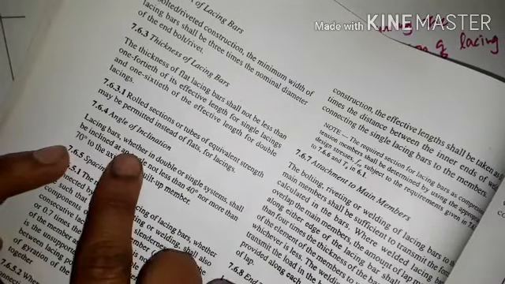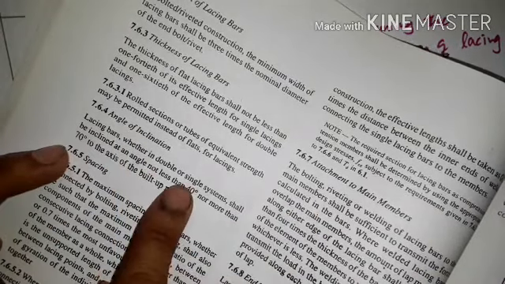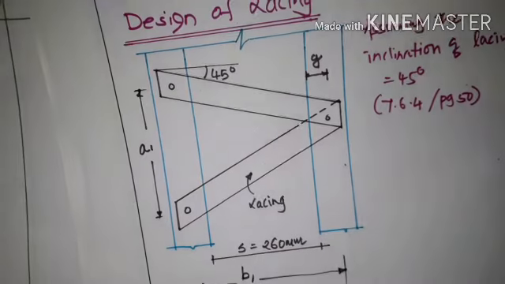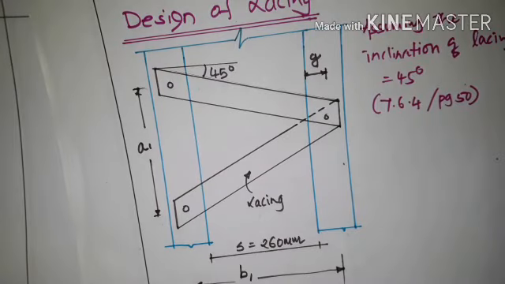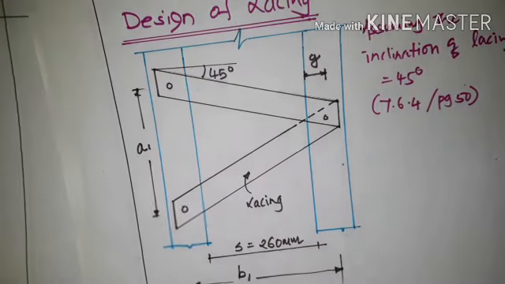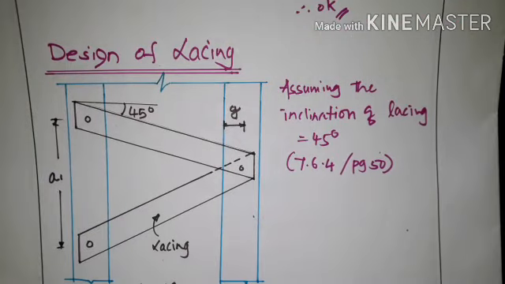The lacing bars, whether double or single system, shall be inclined at an angle not less than 40 degree and not more than 70 degree to the axis of the built up member. So the angle of inclination should not be less than 40 degree and should not be more than 70 degree. We have selected 45 degree for the lacing, so you have to refer to this clause for that.